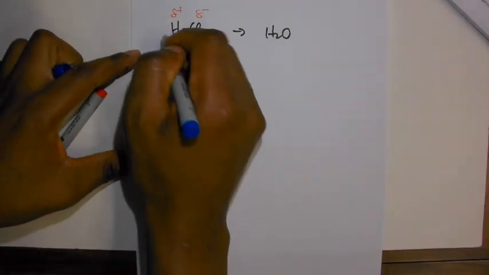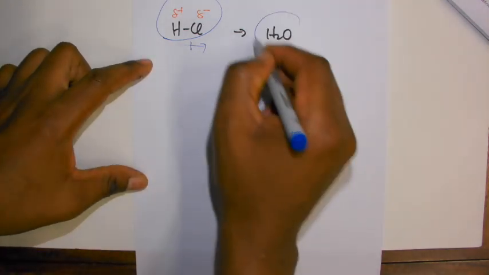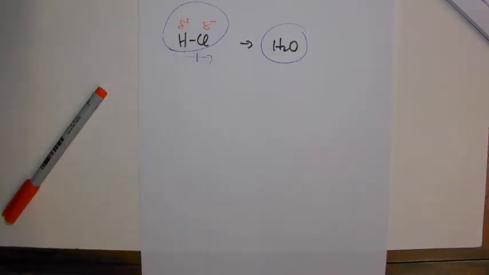Let me give you an example so that you can make sense of this. So we say this molecule is polar. If it's polar, it has a dipole. Is this molecule polar, yes or no? Why? Because oxygen is more electronegative than hydrogen.